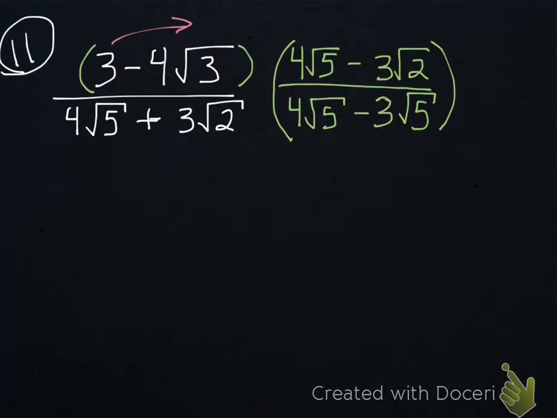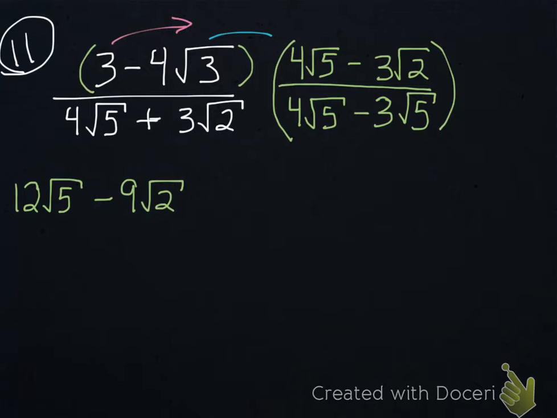being multiplied with the 4 square root 5. So 3 times 4, which is what? 12. So we go with 12 square root 5. And then 3 times 3 is 9. So I have 9 square root 2.